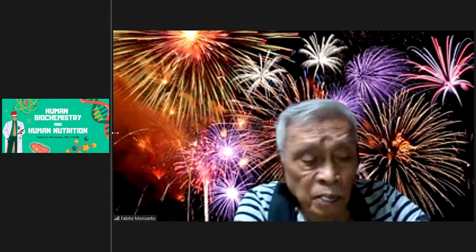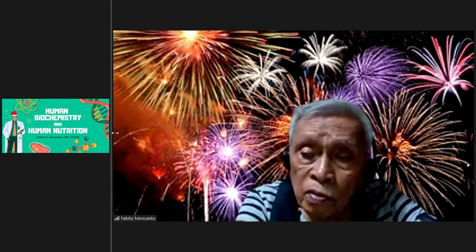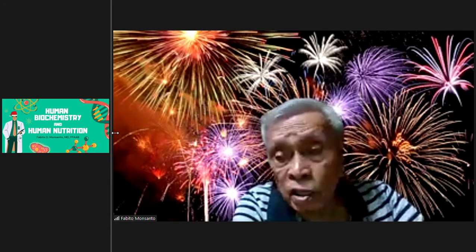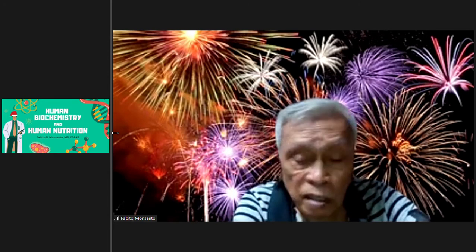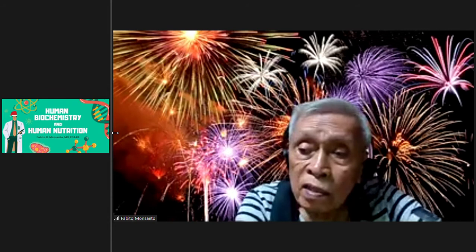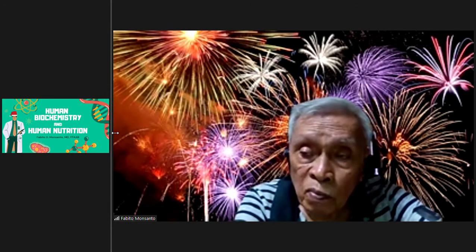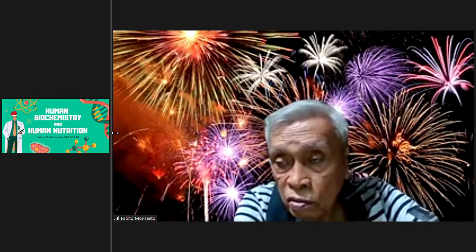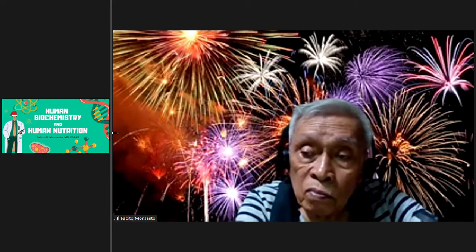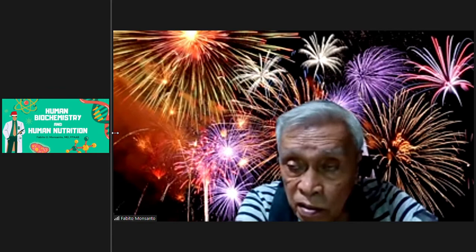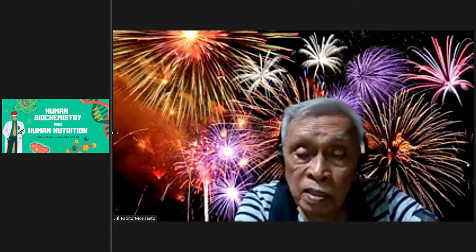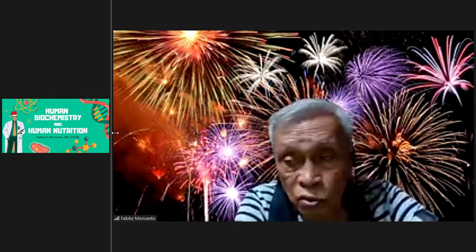These are epithelial cells that produce these particular enzymes that act on these disaccharides. And we have sucrase for sucrose, and we have maltase for maltose, and we have lactase for lactose.